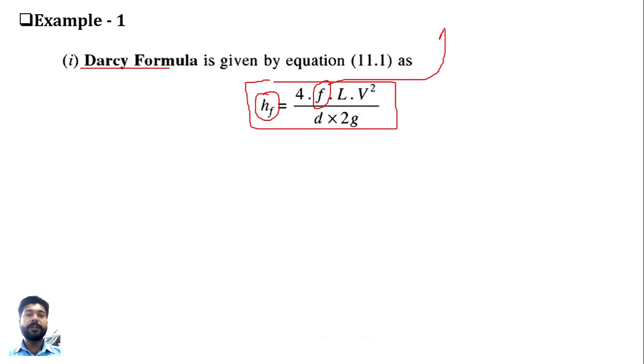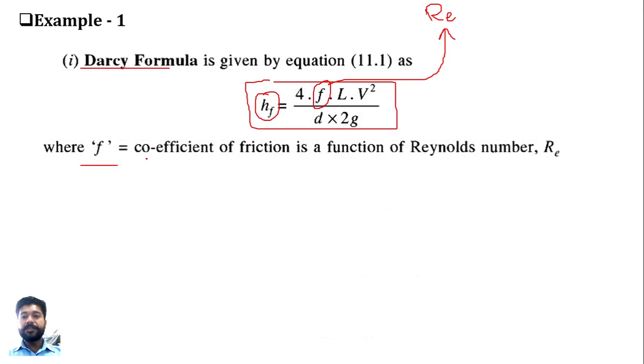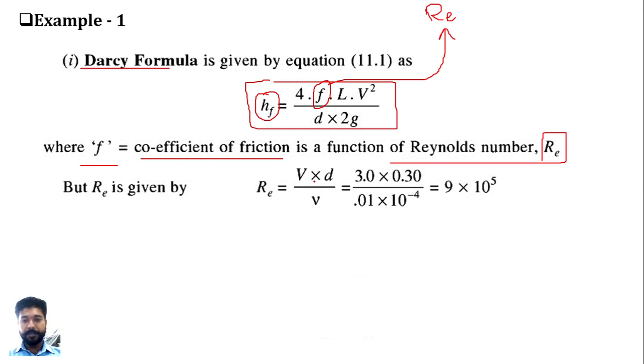As we all know, f is a function of Re, our Reynolds number. So we need to find the Reynolds number, Re equals rho Vd upon mu.